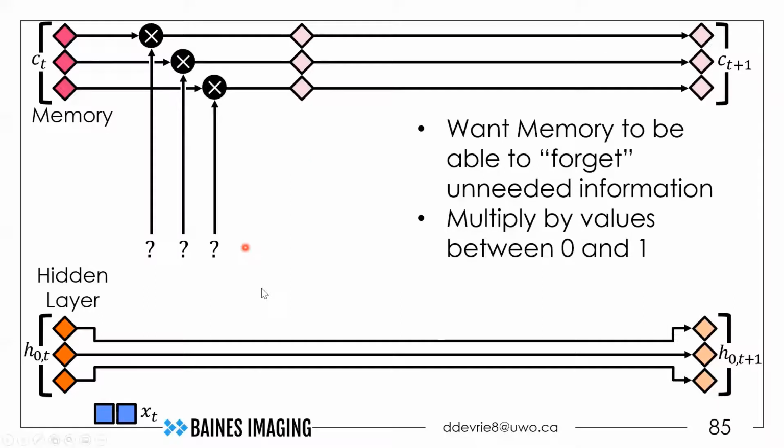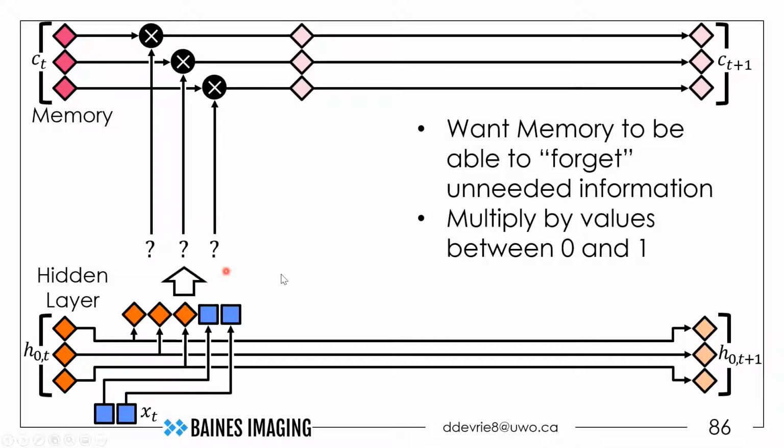Now the question is, we can imagine we have some memory values coming in, some memory values that are going to get changed, but where do we decide where that 0 or 1 or whatever value is going to be multiplied by to forget or remember? Where does that value come from?